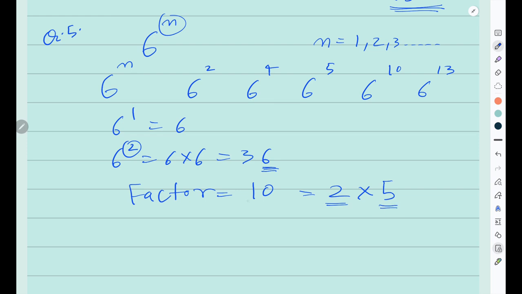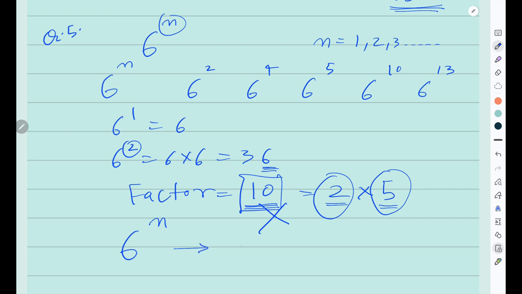Only then it will have 10 as a factor, which looks impossible. There is 2, but there is no 5. The 5 is not possible. That's why the factor 10 is also not possible. So 6 to the power n we cannot find. There is no number which could end in 0, because it requires 10 as a factor, which it doesn't have.